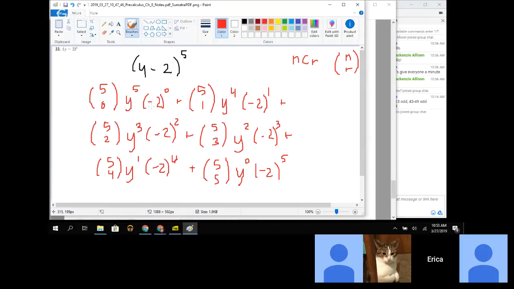You evaluate all those and then you simplify the terms, then this will actually be the expanded version of y minus 2 to the fifth power. Actually expand it out. Okay? So that's what we're going to do on Monday. So you get a little sneak preview of that. Exciting, right?